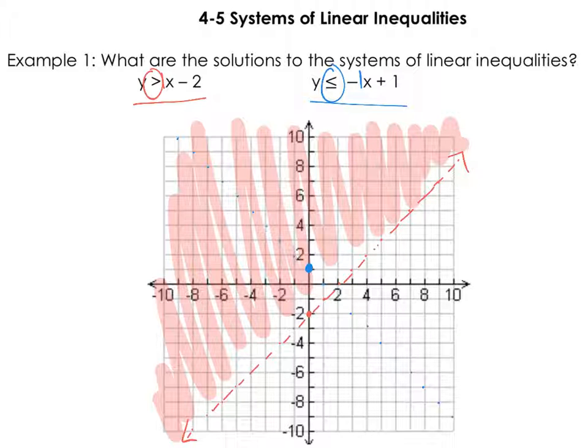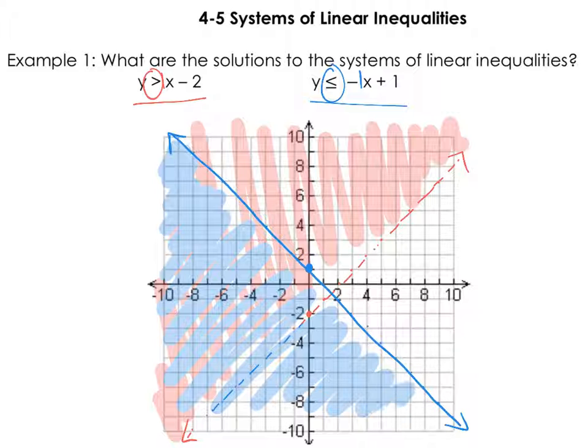Since it is equal to, we are going to have a solid line. Once I have my solid line, I'm going to have to look at shading. So it says that y is less than or equal to, so I'm going to shade everything below my graph.